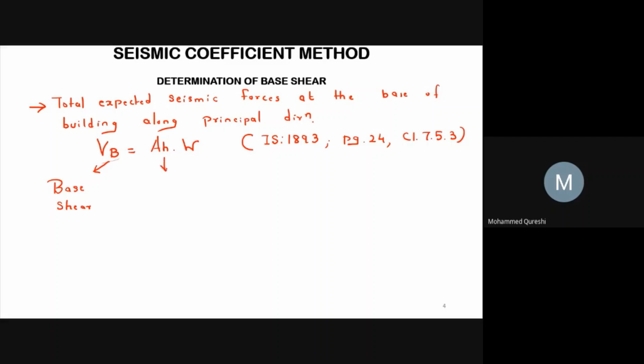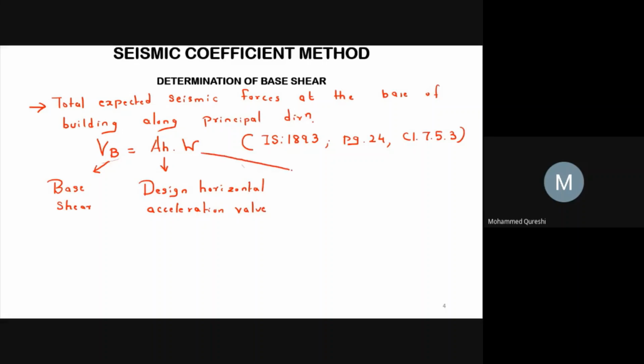And second is your AH. AH is the design horizontal acceleration value.